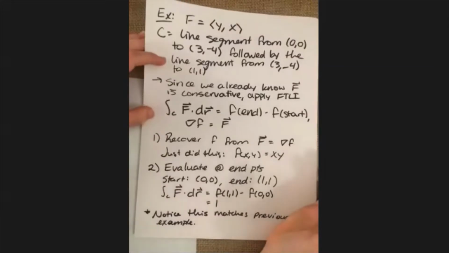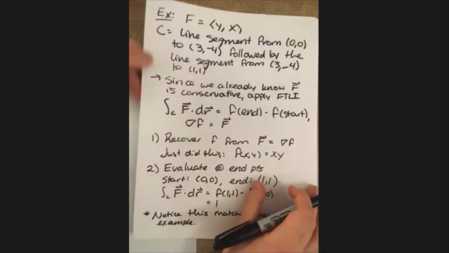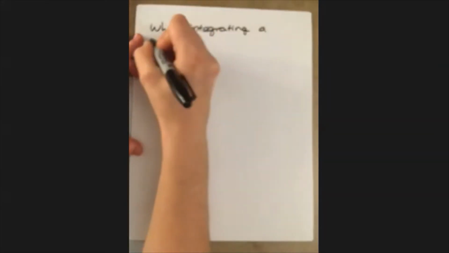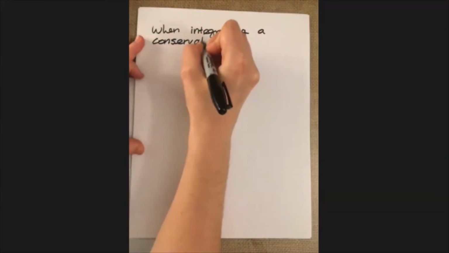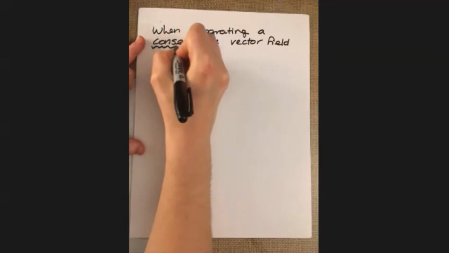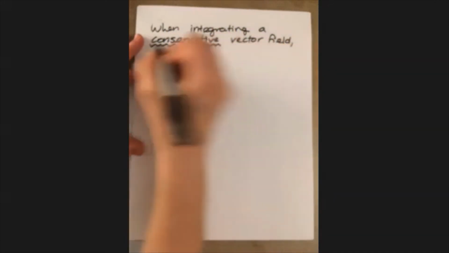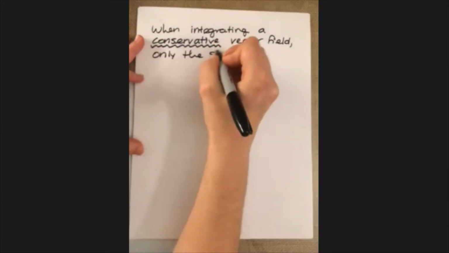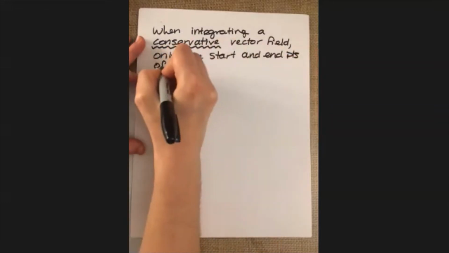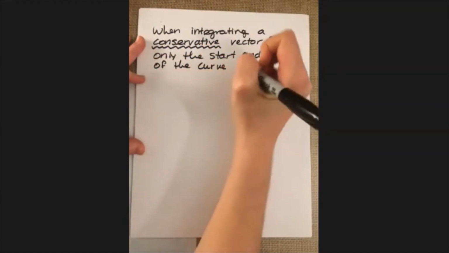But because it's a conservative vector field, we can just say, I can pick any path I want between the 2 points. So this is so important. I'm going to write it down and put it in a box. So when integrating a conservative vector field, only the start and endpoints of the curve matter.